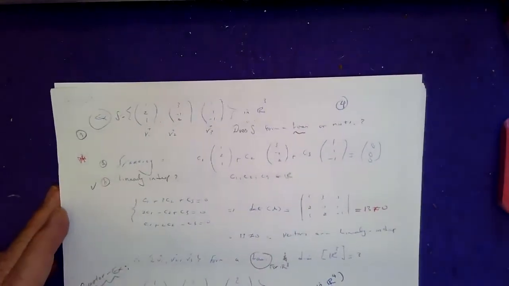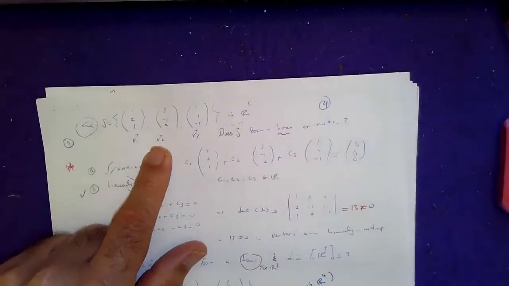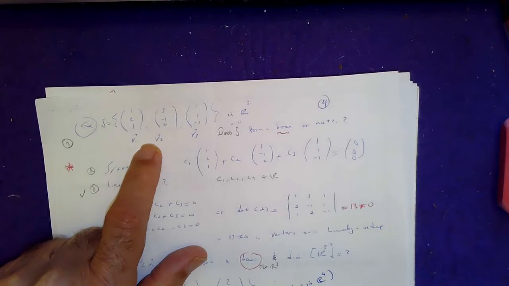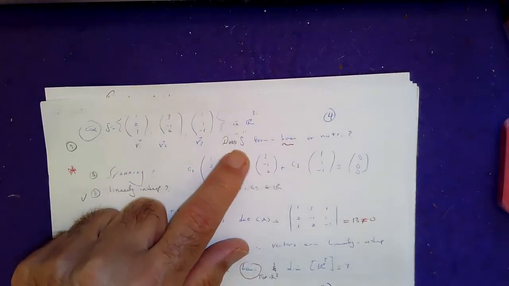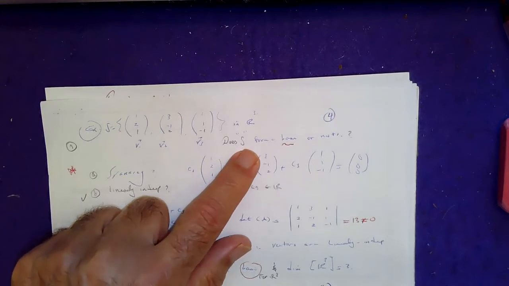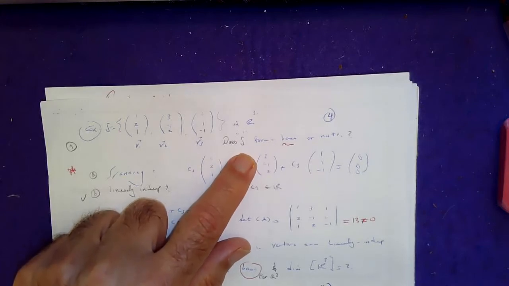Do you see it? So let's do a little problem here. Suppose this is a set S, a subspace of R3. The question is, does S form a basis for R3 or not?